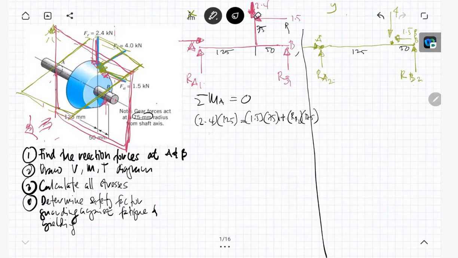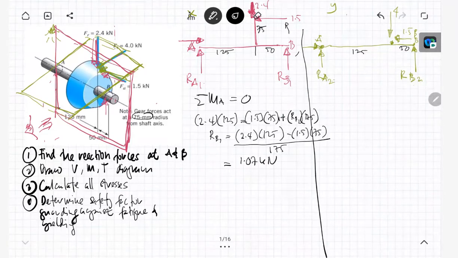So you will get RB1 equal to 2.4 times 125 minus 1.5 times 75 divided by 175. Then you will get 1.07 kilonewton. This is the reaction force at B at this plane.